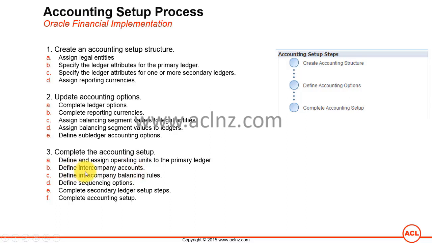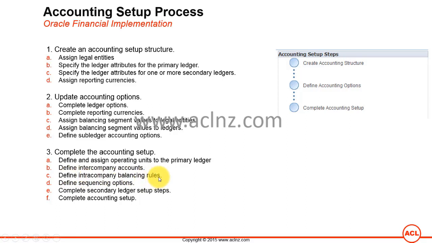The intercompany accounts are at a number of different levels, at the ledger level and at the operating unit level. So within the operating unit you define the inventory organization, and within that inventory organization you define the intercompany accounts, and that's where you can also optionally define the intercompany balancing rules.